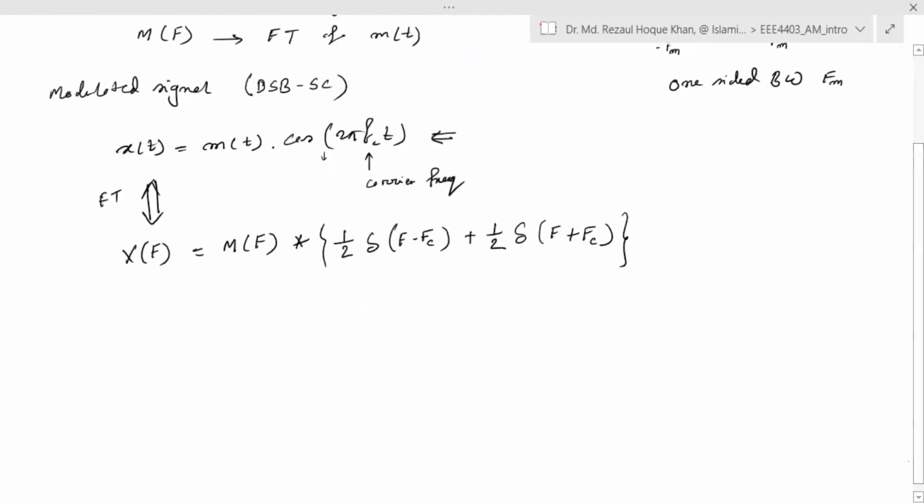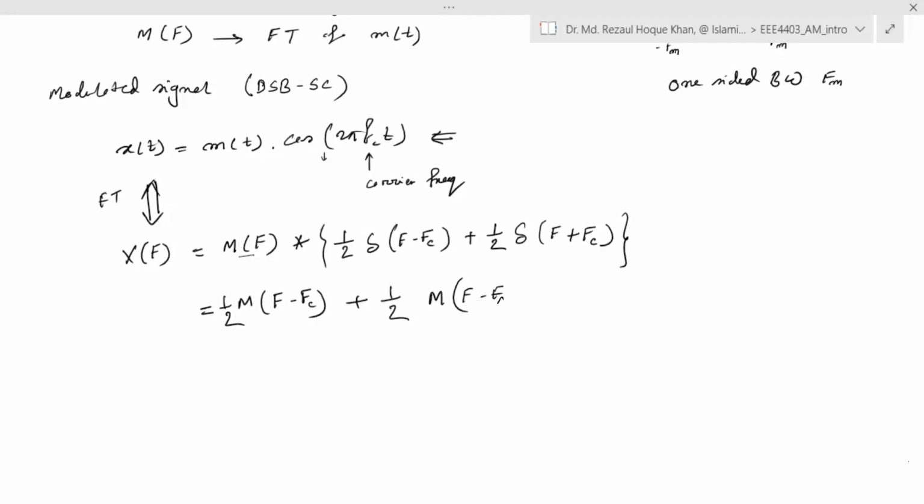If we solve this convolution, M(f) will be shifted to plus f_c and minus f_c, with a half factor. We know this from our previous solution of DSB.